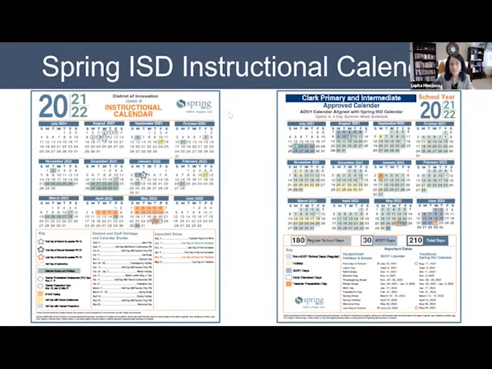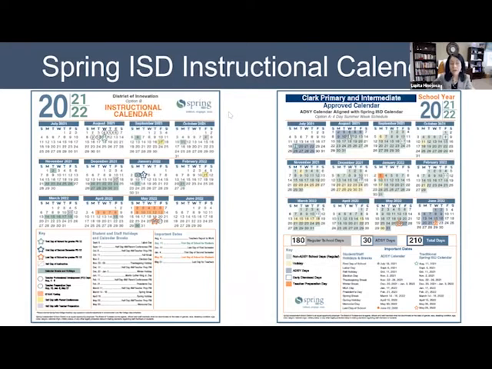You'll see that in our traditional calendar, district-wide, we've gone to 180 days. We truly believe that our students need the full amount of time that we can give them with our teachers coming back face-to-face. Teachers come back on August the 4th, and you'll see that we've got some professional development days there built in.